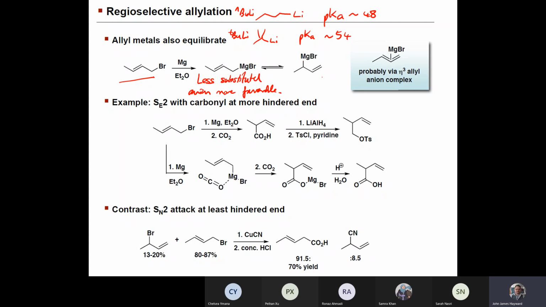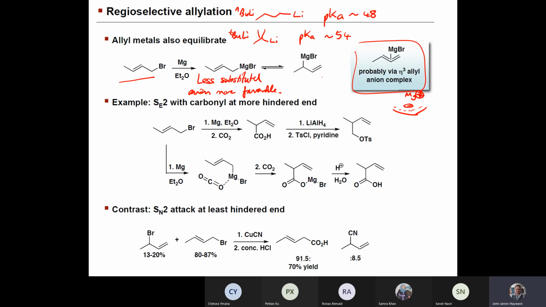Okay, so the more substituted an anion, the less stable it is. The less substituted an anion, the more stable it is. And these two can rearrange through what it says here, probably an eta3 allyl anion complex. Okay, so that is the anion there and the Mg plus sitting on top of it.